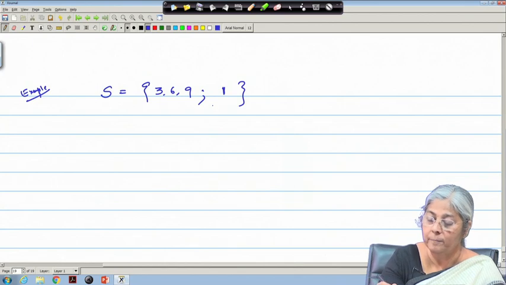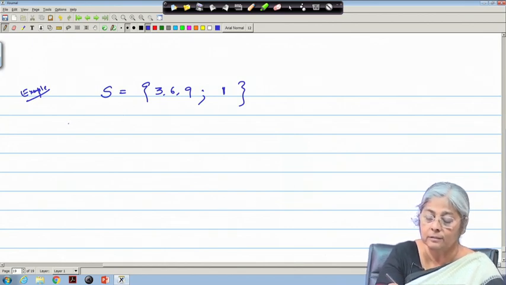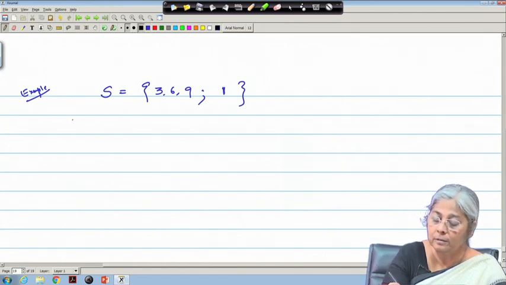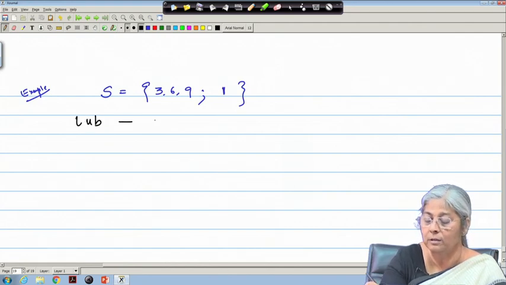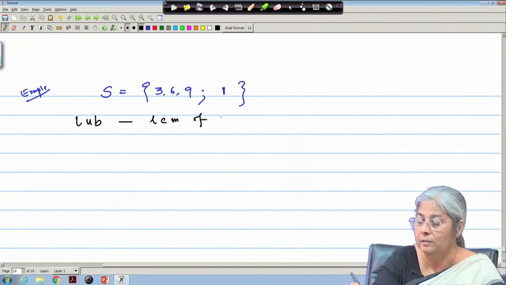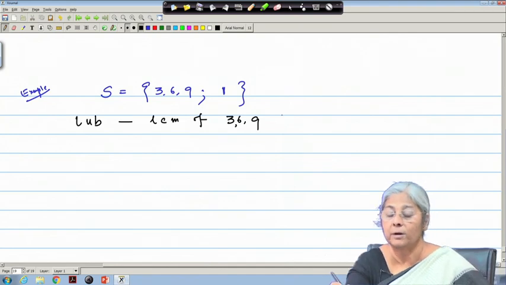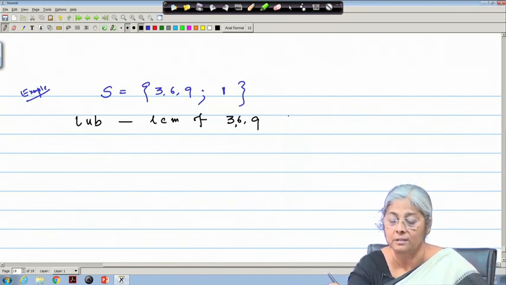This is a poset. The least upper bound is nothing but the LCM of 3, 6, 9, which is a multiple of 3, 6, 9, and is 36.